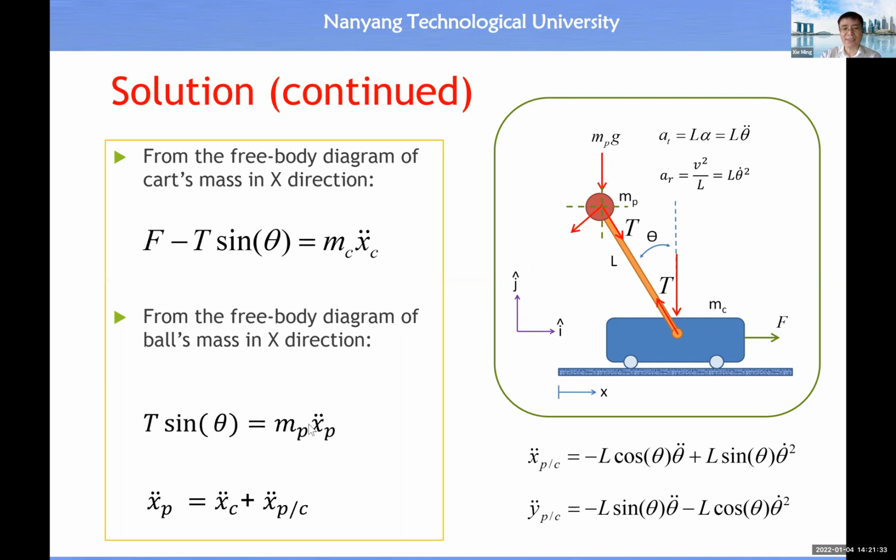Okay. So then you have XP double dot. All right. This is the acceleration with respect to the ground. Acceleration with respect to the ground is equal to the acceleration of the mobile base plus the acceleration with respect to the mobile base, because this ball is mounted on top of the mobile base. So we have this relationship, right?